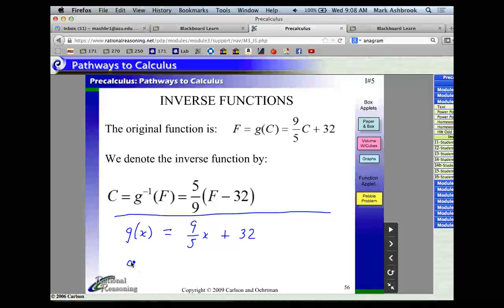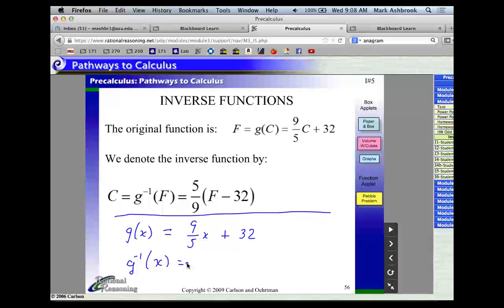Okay, and so then what's commonly done is we'll use X again in the inverse function. So we'll use X again to mean the input, but now this X takes on a different meaning. What does X mean in this context? This is the Fahrenheit temperature, right? So in the context of the G inverse function, that will mean Fahrenheit, whereas X over here means Celsius.